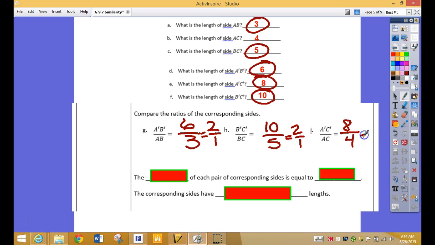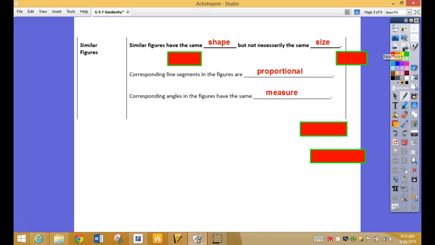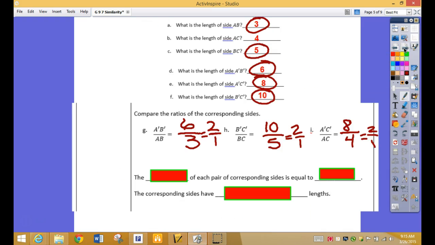That again equals 2 to 1 or 2. So what does that tell us from our beginning in our ratio, a comparison of two numbers using division, written as A to B? Proportional relationship, corresponding ratios that are equal. So those tell me that corresponding line segments in figures are proportional. Are they all proportional? They all equal what?